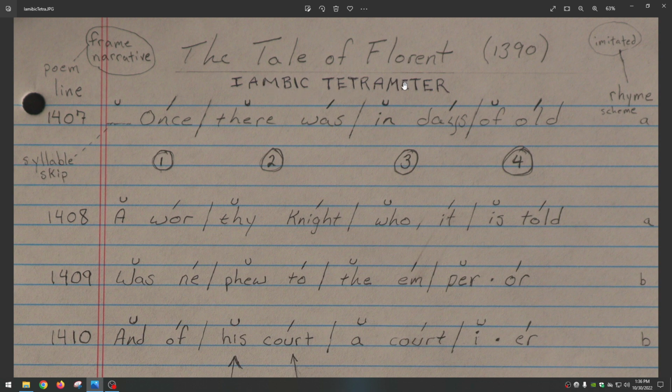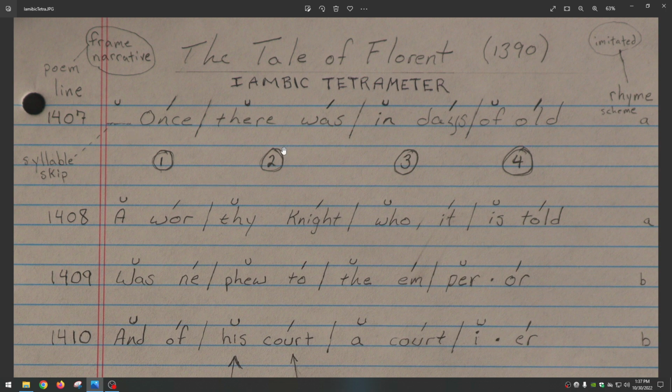And what that means is that there are four sections of the text that are identified as being stressed, 2 syllables per section. So we have the unstressed, stressed, and what's happening here is the first unstressed syllable has been skipped, but that doesn't mean it's not iambic tetrameter.